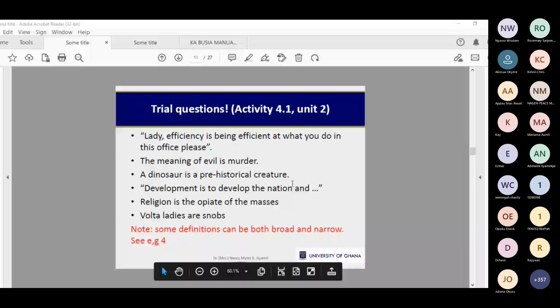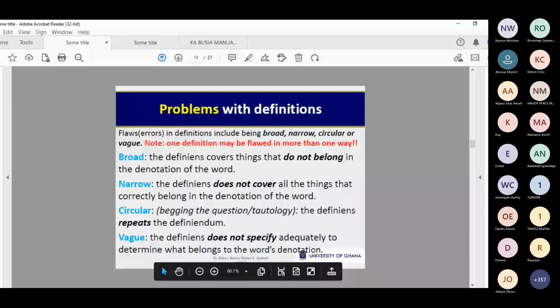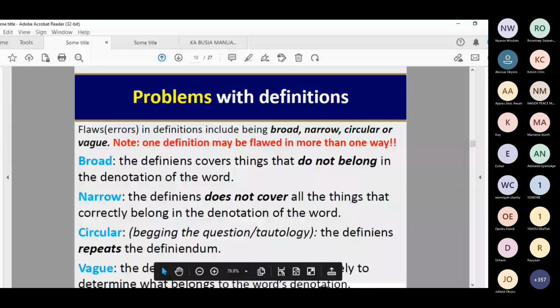It's broad because what? I have included. Now look on your screen, please, so you get the concept. Please look at how we have defined broad. Keep quiet, please, and listen. It's broad because if a definition is broad, then the definition you have given covers things that do not belong to the denotation of the word.